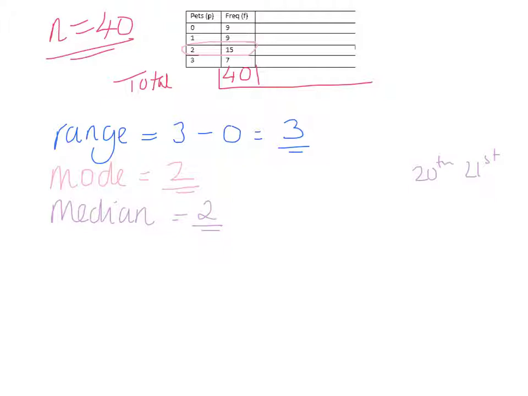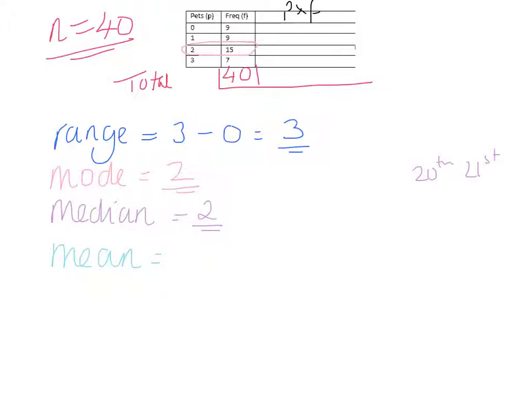The next calculation we're going to do is the mean. And remember, the mean is the total number of pets that we have altogether if we divided them up equally among the number of people there were. So we're going to have to work out the total number of pets we have, and we're going to do that with this third column.